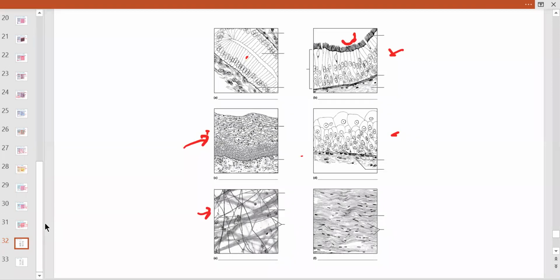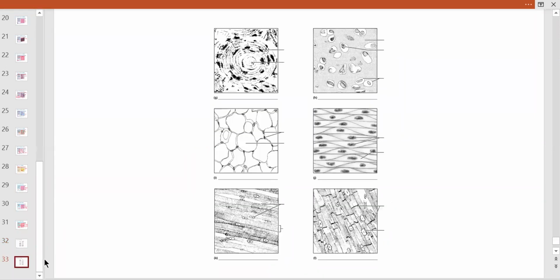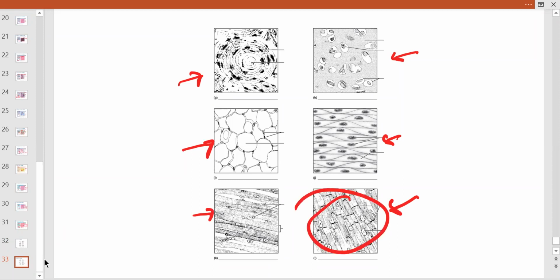The areolar connective tissue, right? The dense regular connective tissue and so forth. Bone, blood. Smooth muscle, cardiac muscle. Adipose, and skeletal muscle. See, look at the intercalated discs. I don't know what to tell you. Tough going, right, Jeremiah?